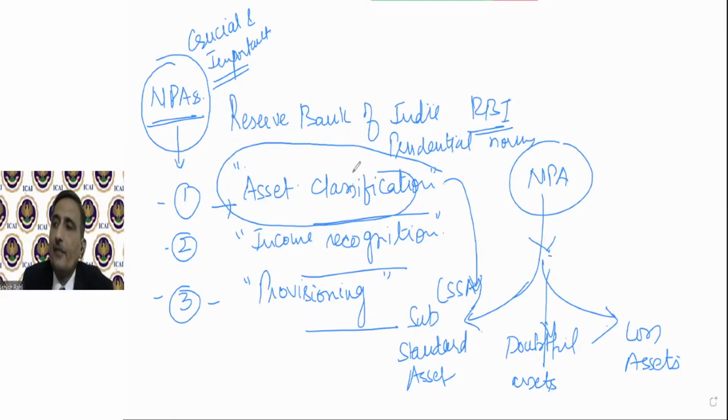Okay, fine enough. Another thing is income recognition. There are also RBI guidelines relating to income recognition that say when an account becomes NPA, then the bank does not recognize the interest. Otherwise, guys, every month the bank is charging interest.